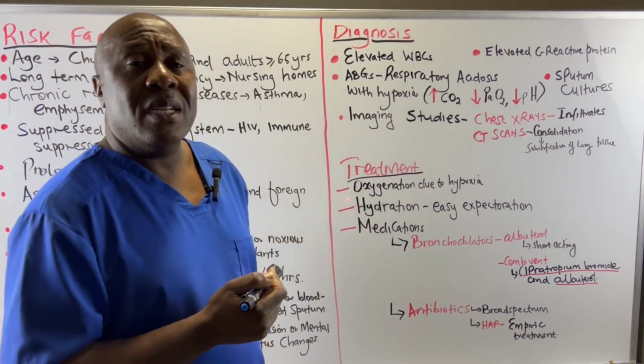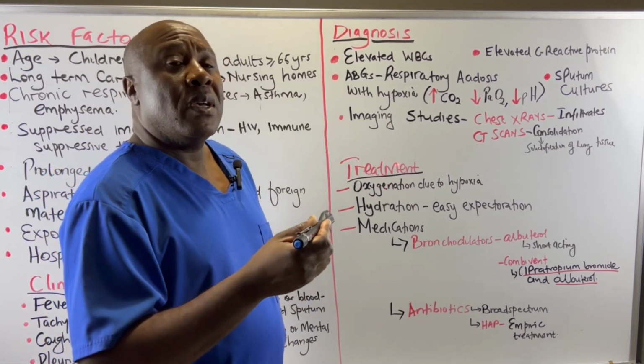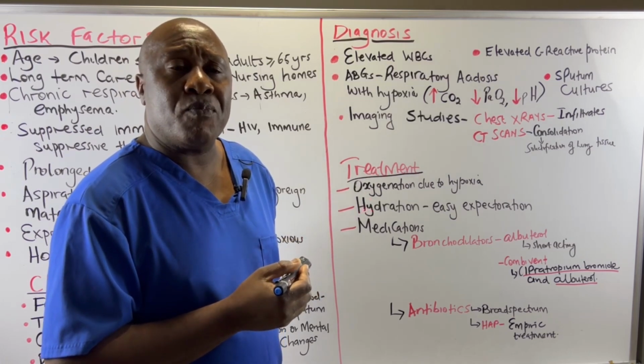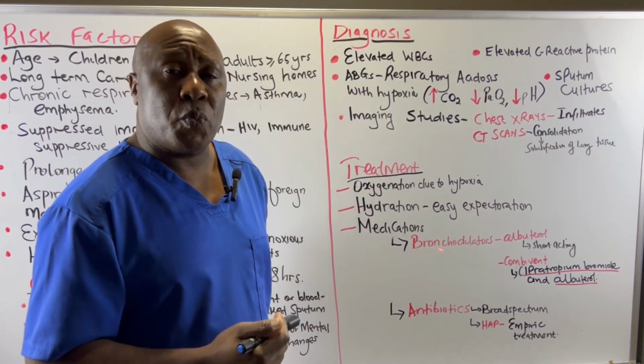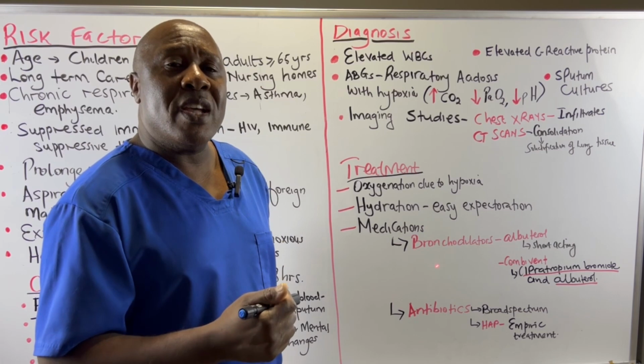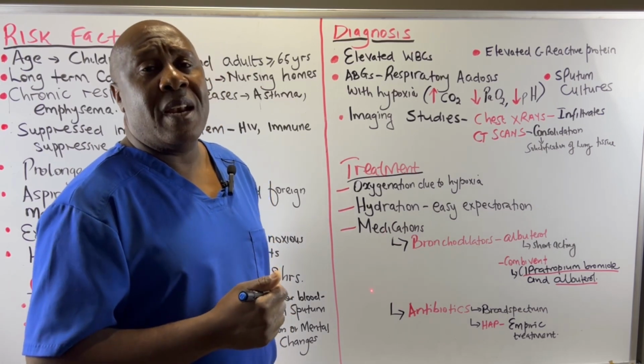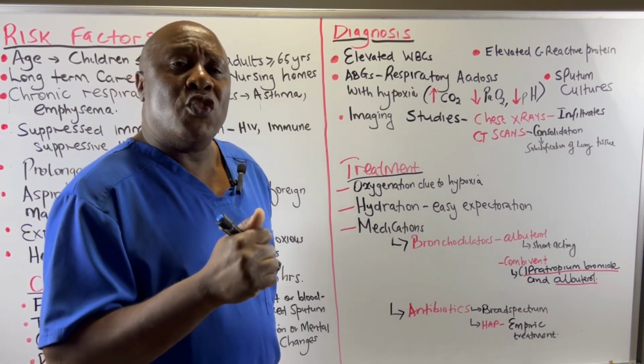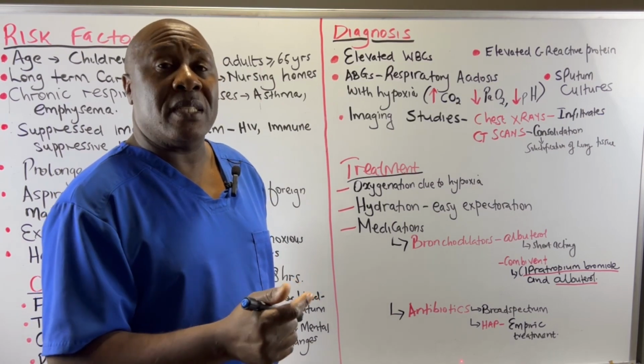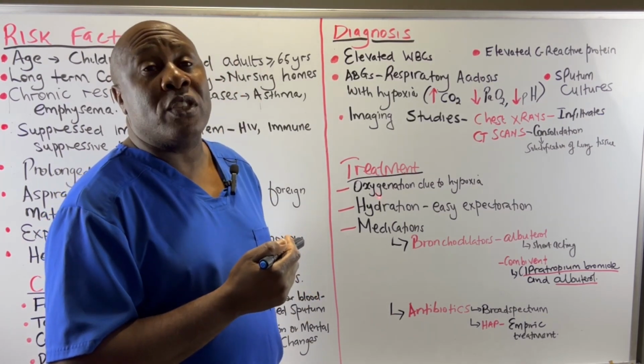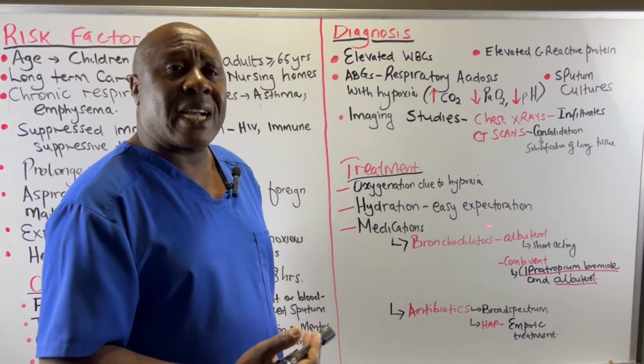But let me say something, that great care must be taken when you are oxygenating those patients who have chronic respiratory conditions like COPD. The drive to breathe in these patients is caused by the lack of oxygen. So they breathe because they are lacking that oxygen.